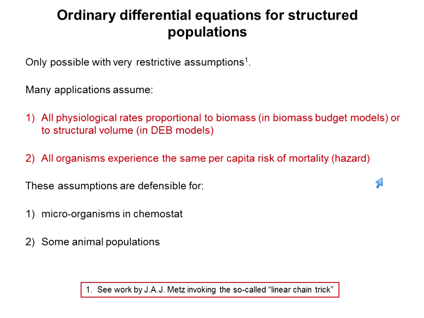The assumptions, I'd say, are defensible for a few situations. The largest number that I've seen published relate to microorganisms in a chemostat, and I'm going to show you a few pieces of data that relate to an animal population, which again is, of course, Daphnia.